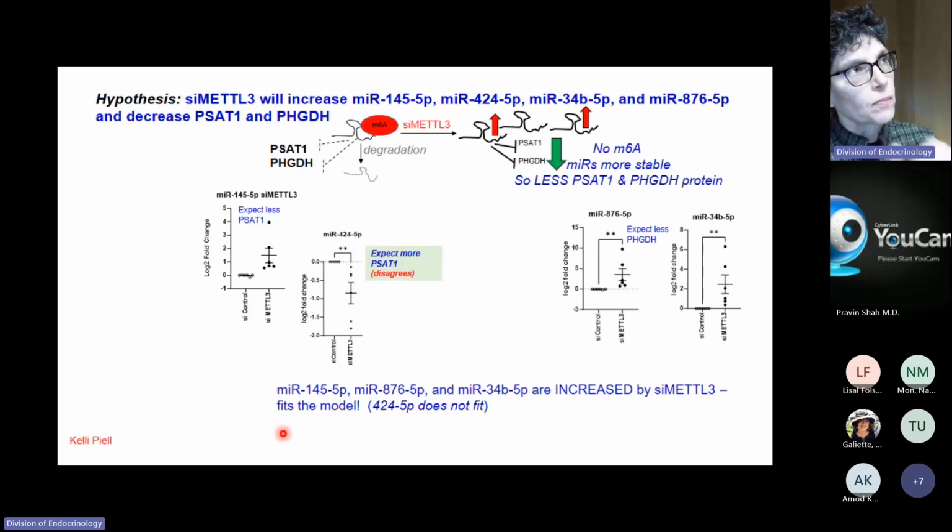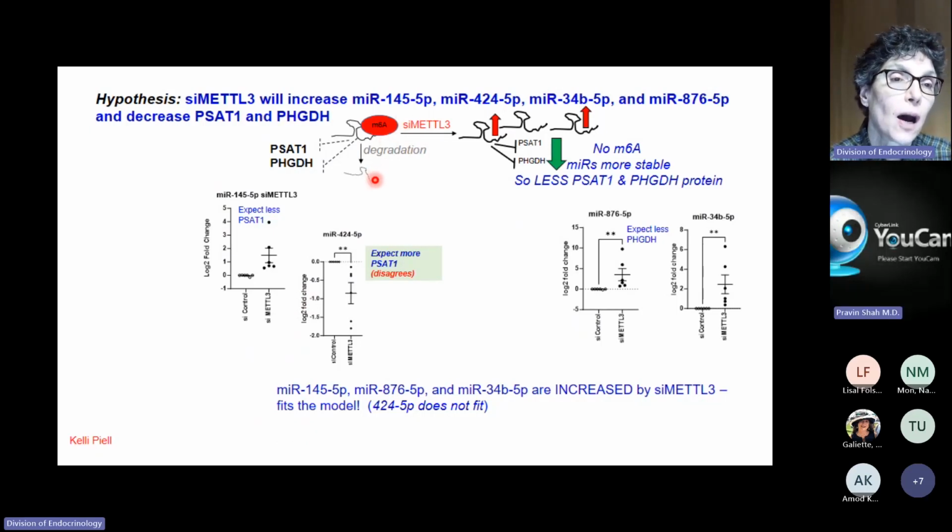So going back to the hypothesis, Si-METTL3 will increase miRs 145-5p, 424-5p, 34-5p, and 876-5p, and decrease PSAT1. So what we can imagine is that with m6A, we get a degradation of the microRNAs, and therefore we relieve inhibition of PSAT1 and PHGDH, and so they would increase.